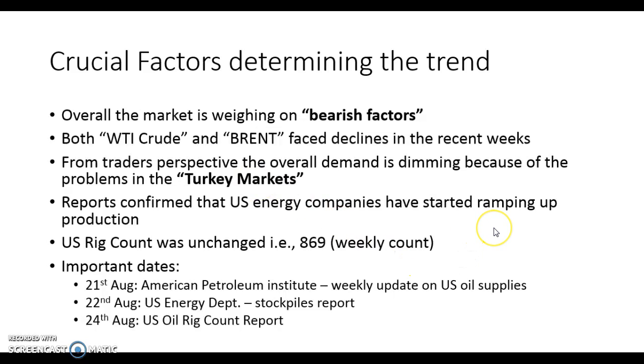And also the recent reports have confirmed, if you look at last week's stockpiles report and also the oil supply reports, that the majority of the US energy companies in the last 2 weeks have ramped up their production at considerable numbers. That means they are increasing their production. Which means that the more the production, the lesser the demand, as per economics.